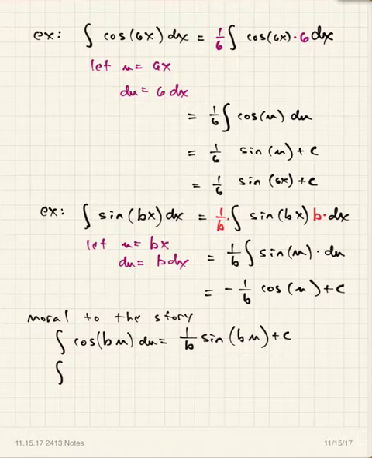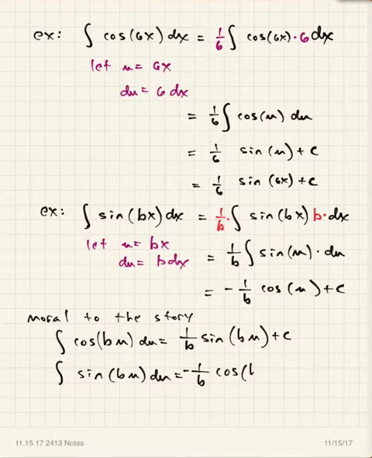Same thing really for all the trig functions. So if you have the sine of bu du, then you're going to get the reciprocal of that b in front, and this is going to be a negative: negative 1 over b cosine of bu plus c. The idea here is that you're going to get these reciprocals of the constants sitting in front. The antiderivatives are the same, but you're going to have those reciprocals sitting in front like that.